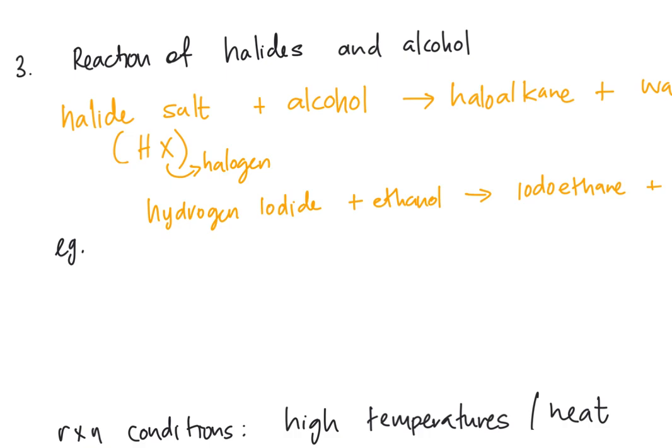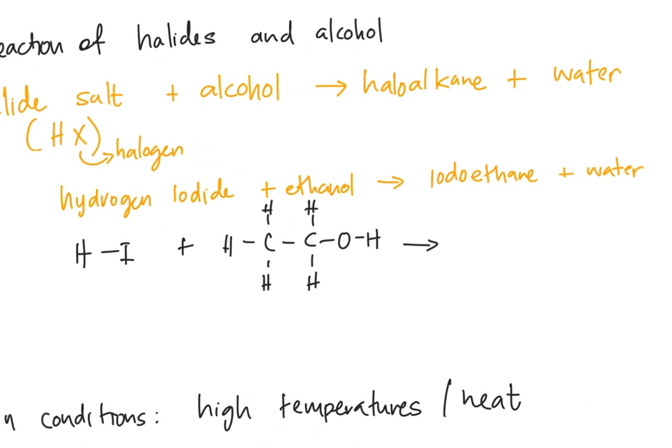Okay, so if I start off with hydrogen iodide, I've got HI plus an alcohol, ethanol, so 2 carbons, your OH. Please make sure that you fill in all of your hydrogens. It's not just a skeleton drawing.